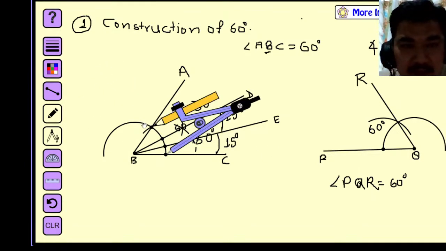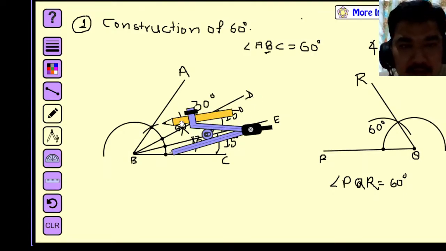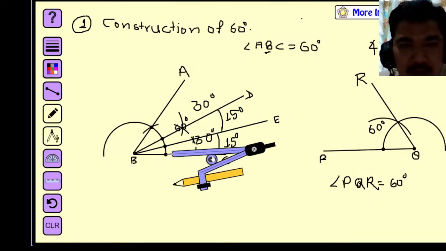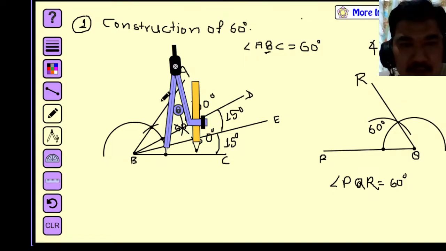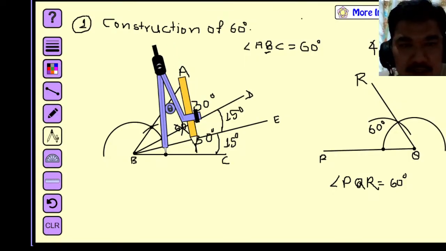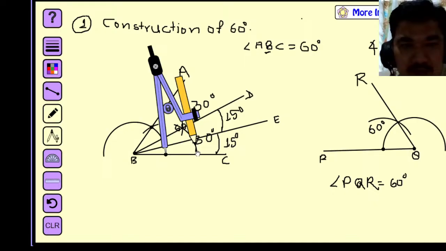After this, now put the compass at 0 and at 15. From 0 cut like this, and from 15 cut like this.